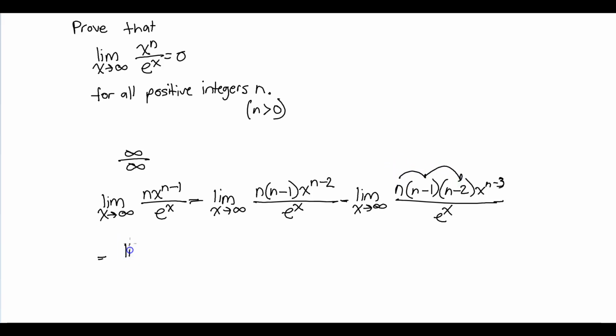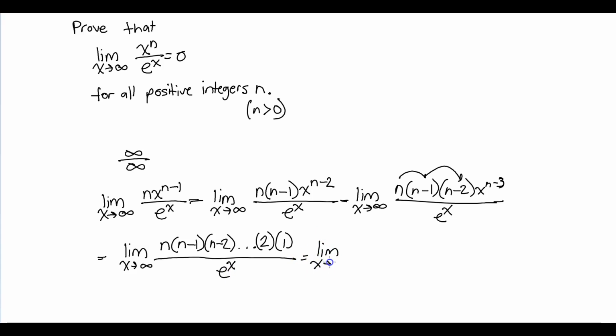So the nth time, you would get n times n minus 1 times n minus 2 all the way to 2 and 1 over e to the x. Or the limit as x approaches infinity of n factorial over e to the x.